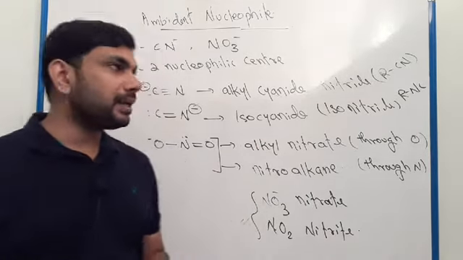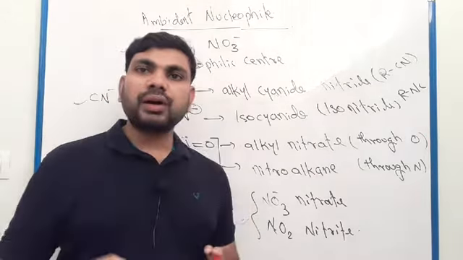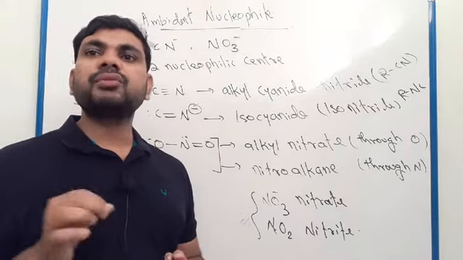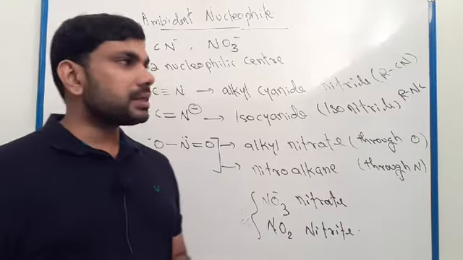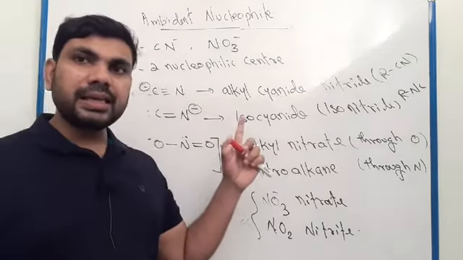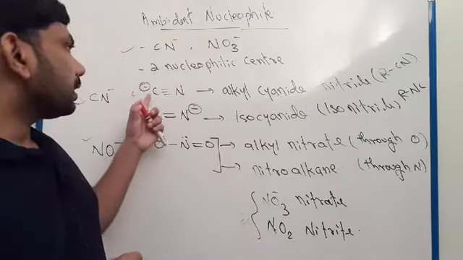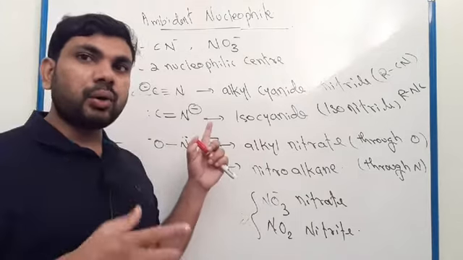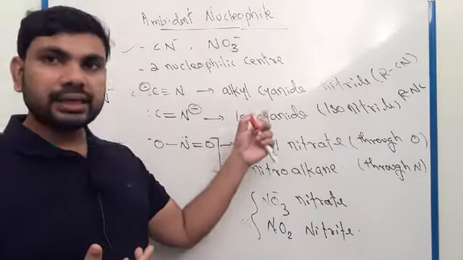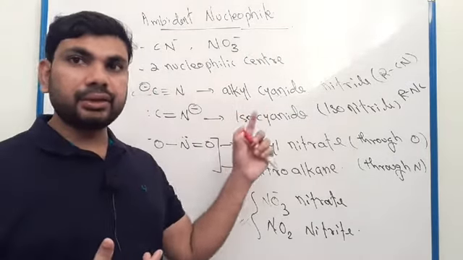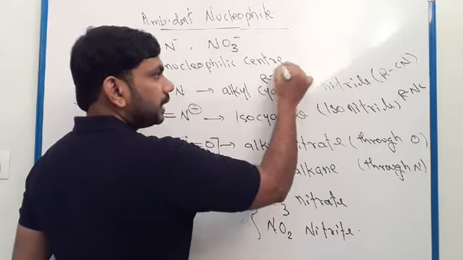So an ambident nucleophile contains more than one nucleophilic center, for example CN minus and NO2 minus. In CN minus, RCN means carbon is the nucleophilic center, so we say nitrile or alkyl cyanide. You can remember it like this: CN, so cyanide.